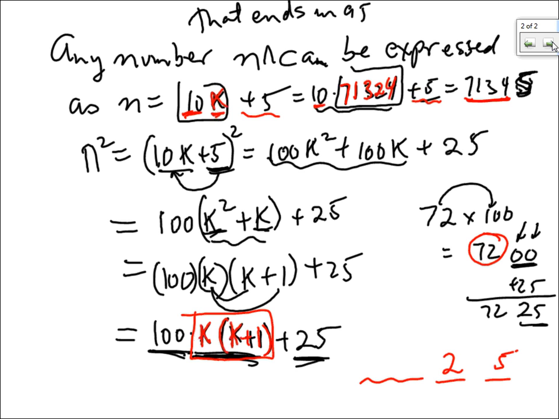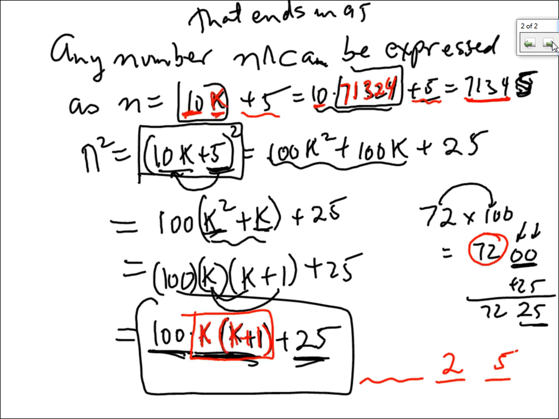And down here, after we squared a number that ends in 5, we got this result, which says to take k, multiply it by one more, then multiply it by 100. That is, just write down that number and have 2 spaces left over and put in the 25.